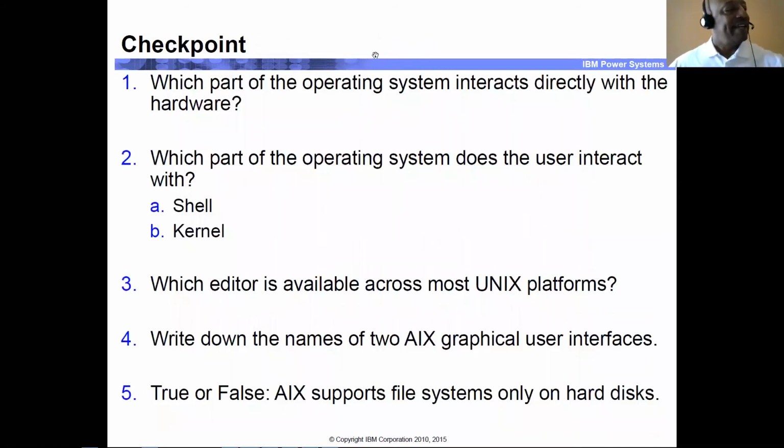What we'll do right now is, because we've been going for a little more than an hour, before we do the checkpoint, because at the end of each unit there will be checkpoints, and I will have the answers to those questions, but also probably in Appendix A of your student material, there should be answers to the checkpoint questions.